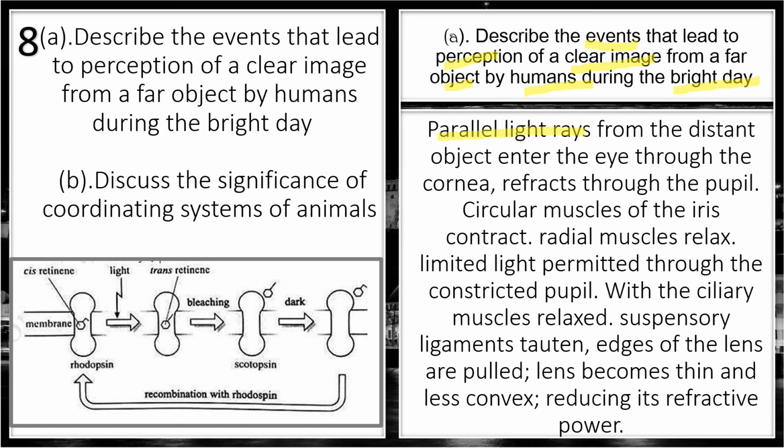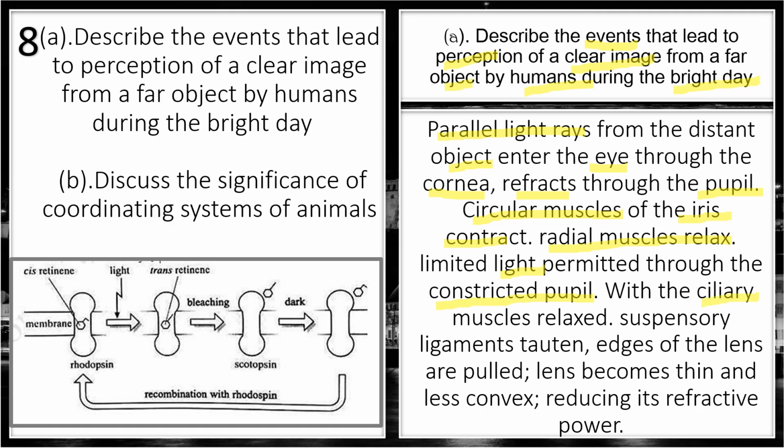Parallel light rays from the distant object will enter the eye through the cornea. They will be refracted through the pupil. The circular muscles of the iris contract. The radial muscles will relax, and a limited amount of light is permitted through the constricted pupil.